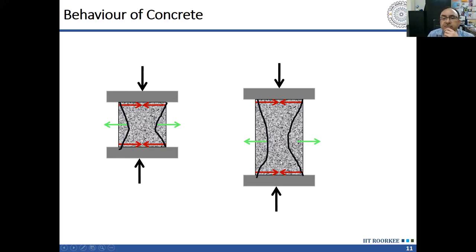Whereas in case of the cylinder, 0.8 from the top, 0.8 from the bottom, and still you see in the middle there is a height of 0.4 times the diameter, which is free from end friction effect. So it is the cylinder strength which is near to the reality. The cube strength is artificially increased because of this end friction effect.